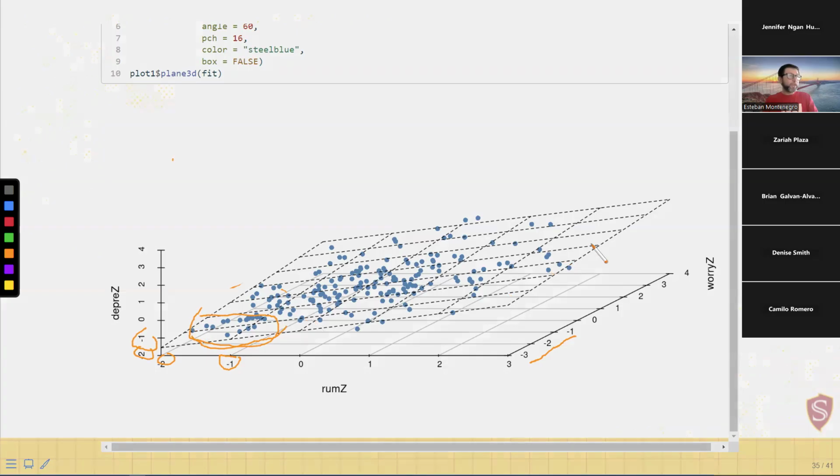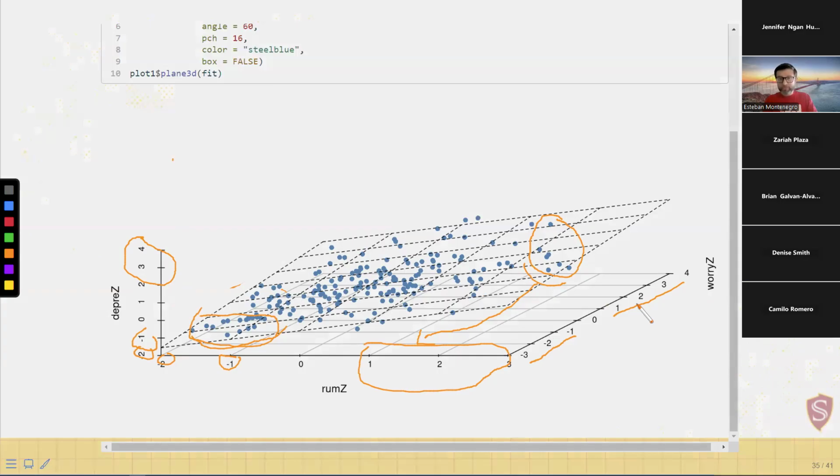But on the other side, we see the people who are more extreme right here. People who are very high on worry, they are in this area right here. They are in the area of high depression, and also in the area of high rumination right here.